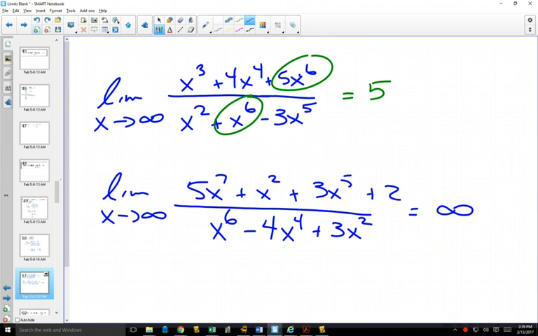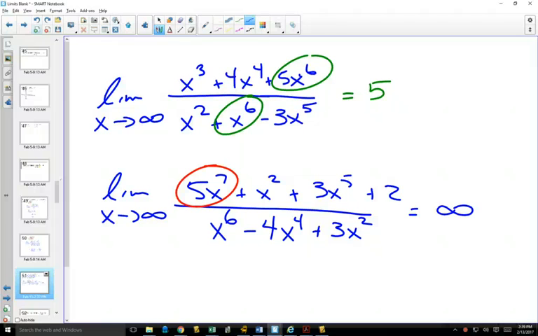That limit would be infinity. What's the highest power? X to the 7. If you just ignored everything else, you have an x to the 7 on the top of your fraction, which means it just keeps getting bigger and bigger and bigger.